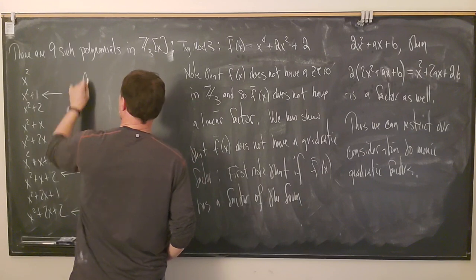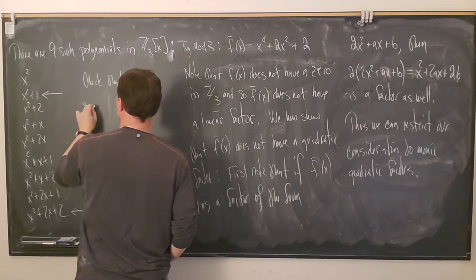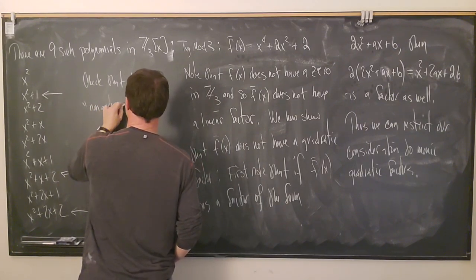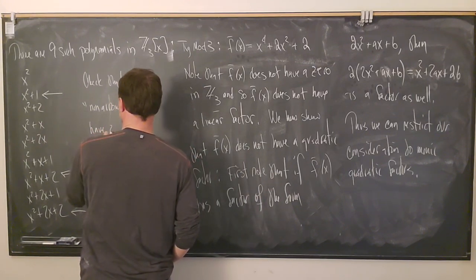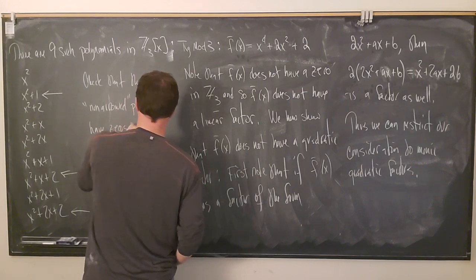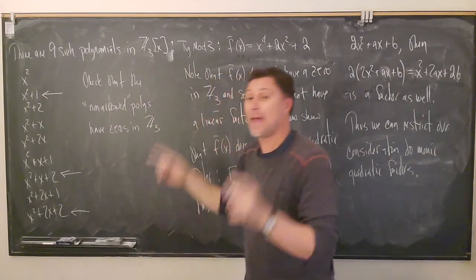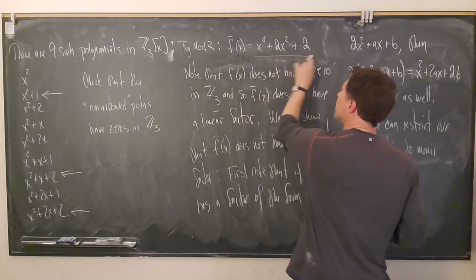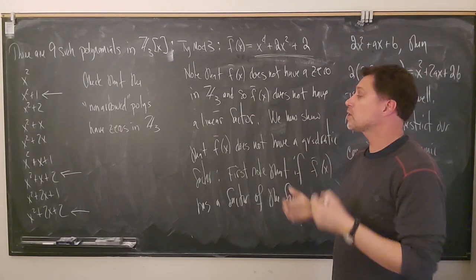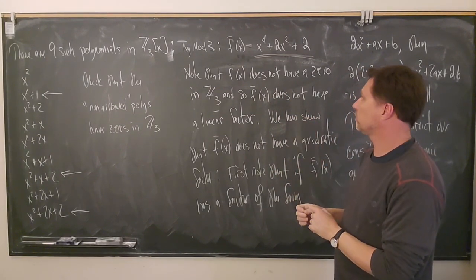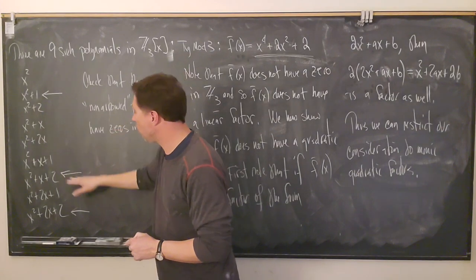So let's say check that the non-arrowed polynomials have zeros in Z3. And so what that tells us is the ones that don't have arrows pointing at them cannot be factors of this polynomial right here, because otherwise we would have a linear factor for f bar. Right? So f bar, if it's going to have a quadratic factor, then that quadratic factor will have to be one of those three right there.